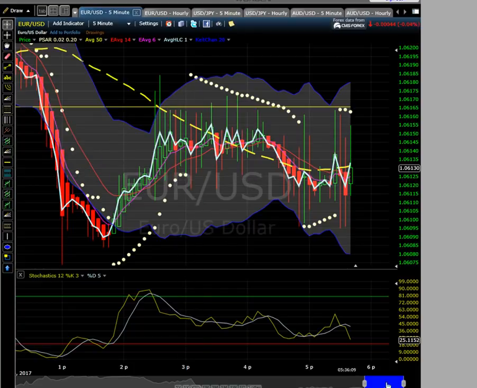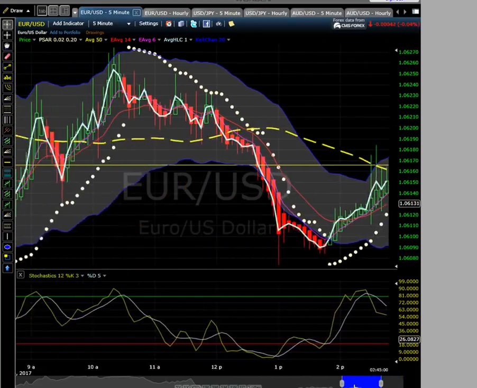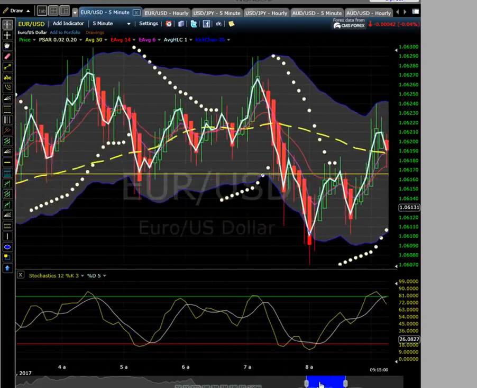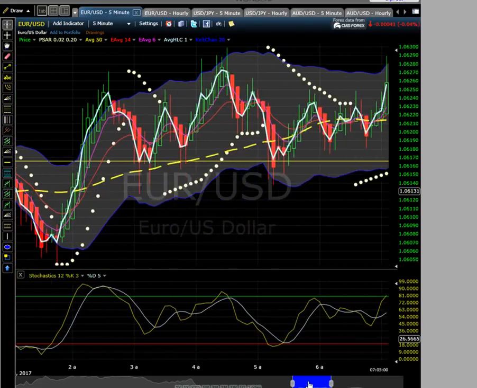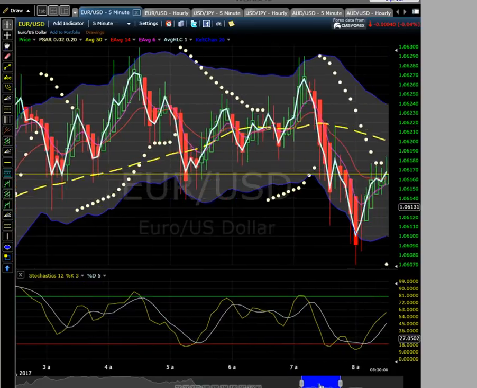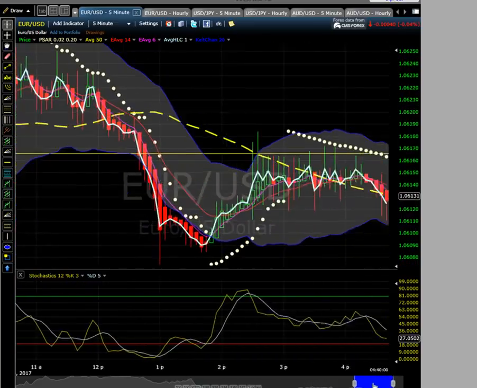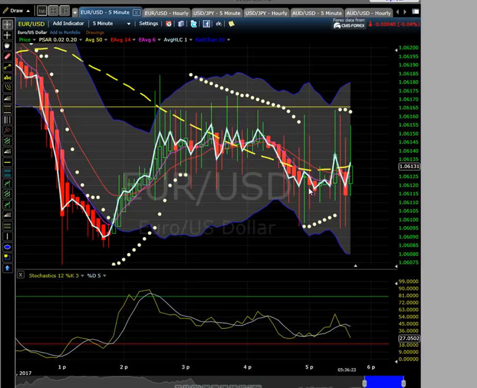If you scroll back a little bit, you'll see it's a little bit smoother. It's a whole bunch of choppiness, and it really just has to do with the U.S. session being closed. Once it opens back up, the markets will probably go back to normal. They'll start trending and moving strongly in different directions.